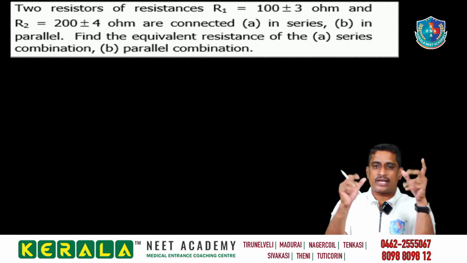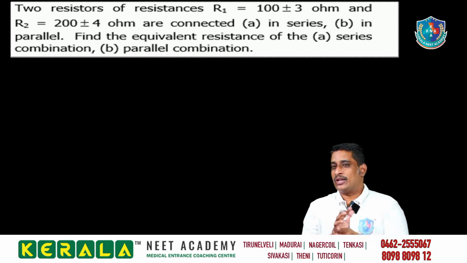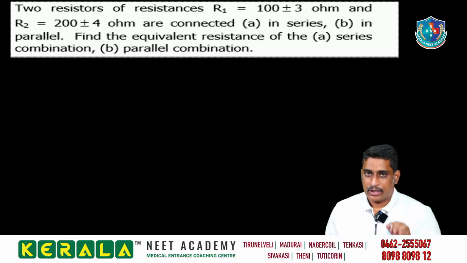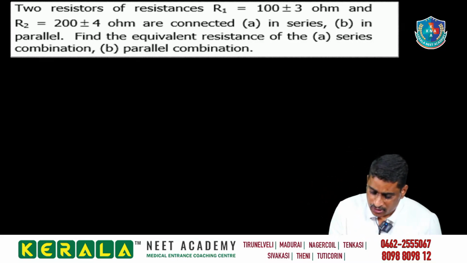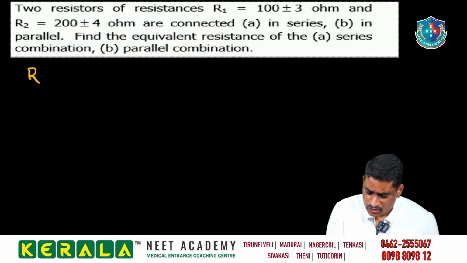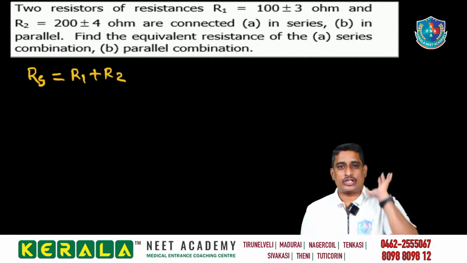As far as series connection is concerned, calculation of those errors, delta R value will be very simple as it is addition. If you come to the series combination, equivalent resistance will be given by R1 plus R2. So it is addition.